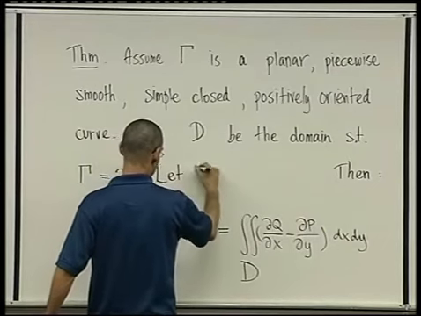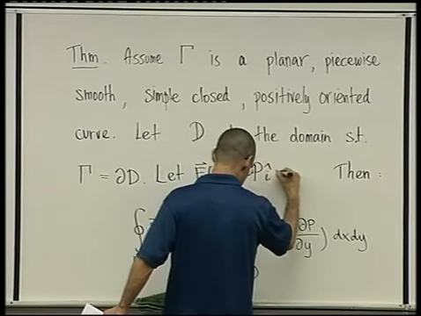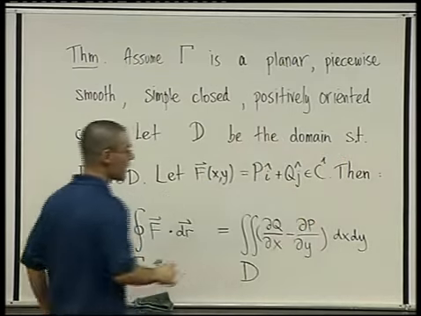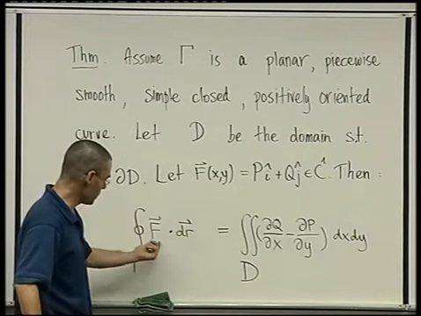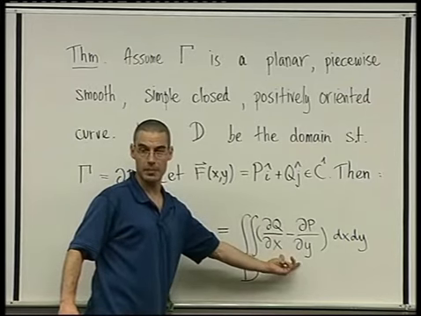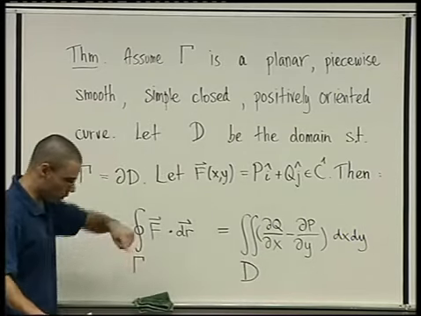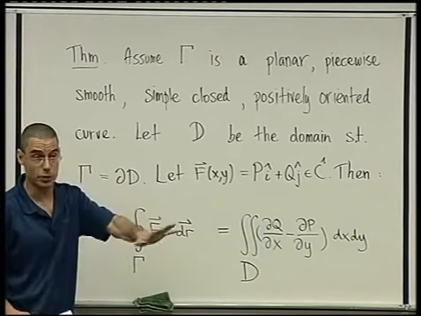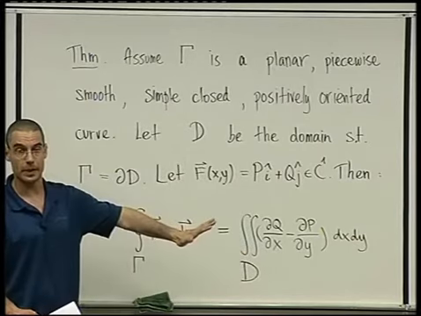Let f of x, y equals p i plus q j in C1. So p and q are the components of f. What we're doing here is replacing f with some form of derivative of f. But the price we're paying is that instead of integrating just over the boundary, here we're integrating over an entire domain.